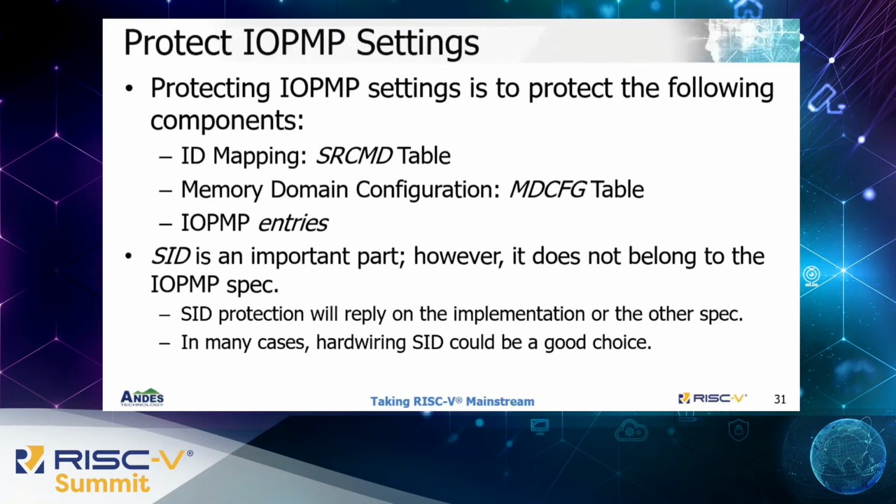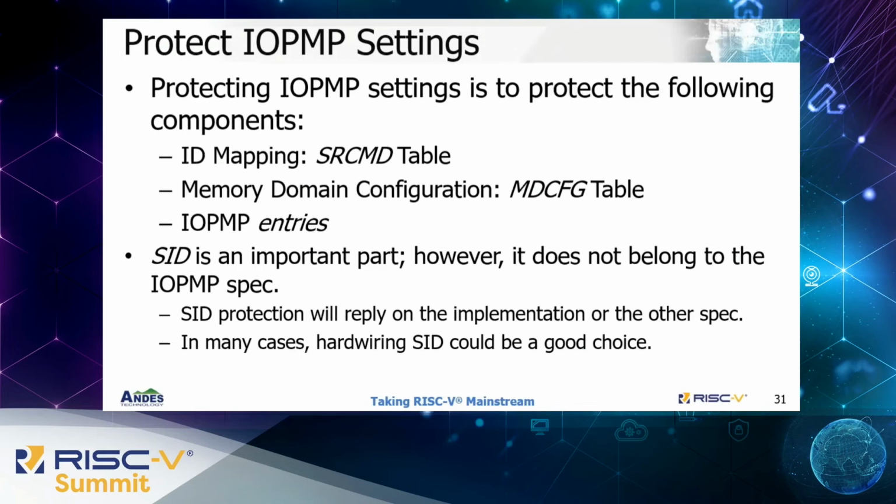Before talking about the fine-grained protection, let's look again at the components that we want to protect. We have the SRC table, which is used to describe the MDs associated with a SID. It can be considered as a bit matrix of 2 dimensions, one for SID, the other for MD. Thus, we protect the table from 2 directions, the per-SID protection and the per-MD protection.